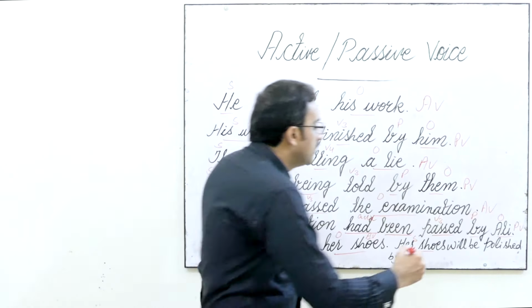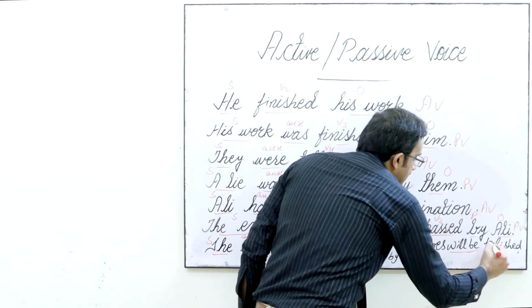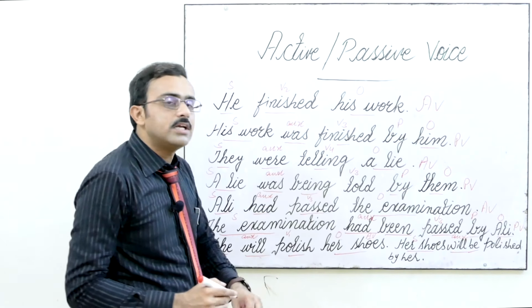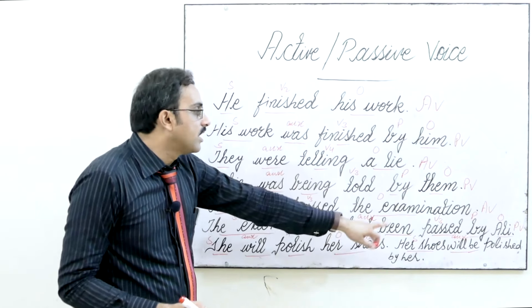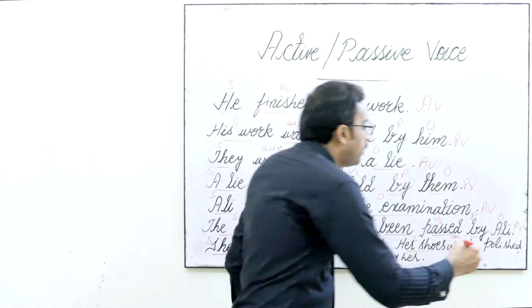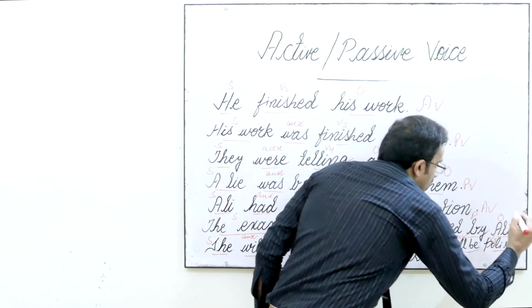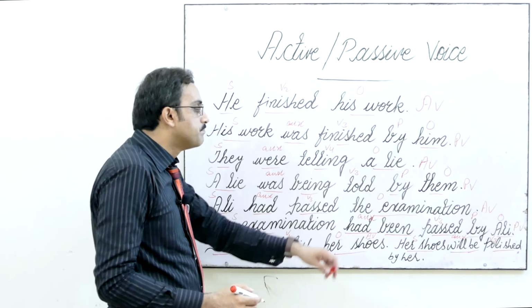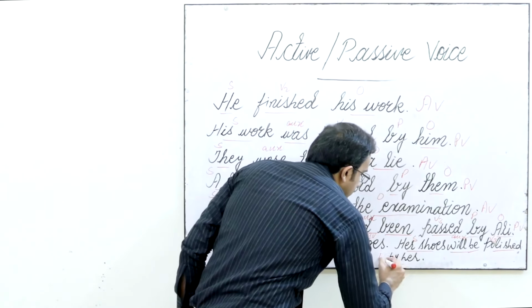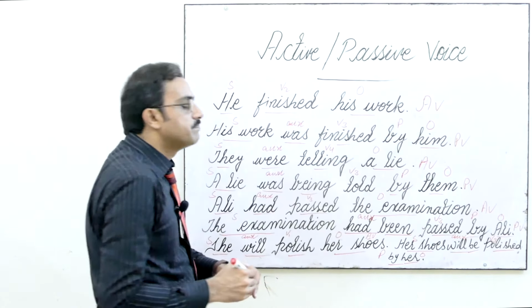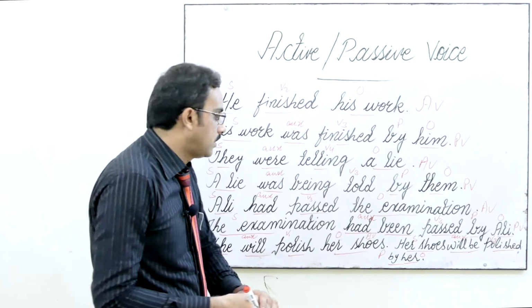Her shoes will be. Now we change auxiliary shall or will into will be. Her shoes will be polished, means V3, past participle, by preposition, her. Now this is your object, means your pronoun.